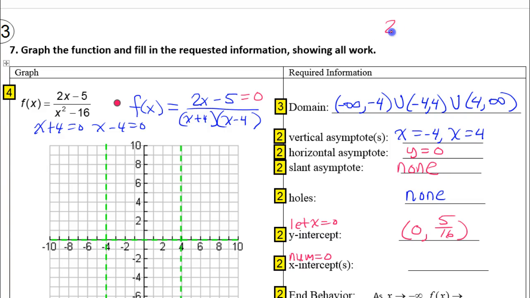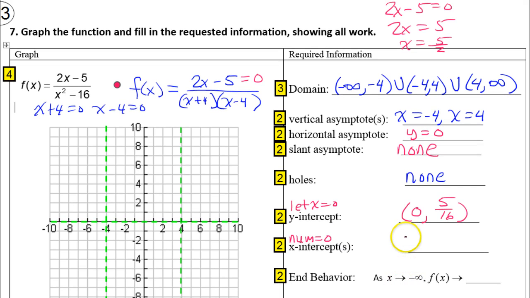If I set 2x minus 5 equal to 0, adding 5 to both sides, I'd have 2x equals 5. Dividing by 2 on both sides, I'd have x equals 5 over 2. So that is going to give me my x-intercept. Okay, so my x-intercept is (5/2, 0).